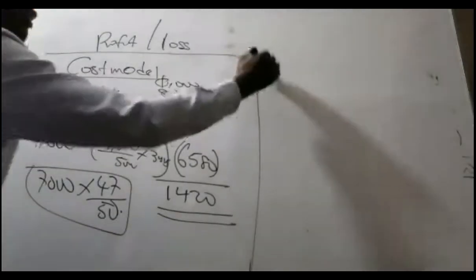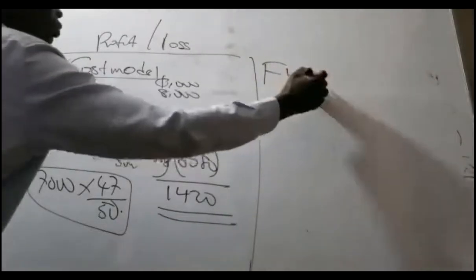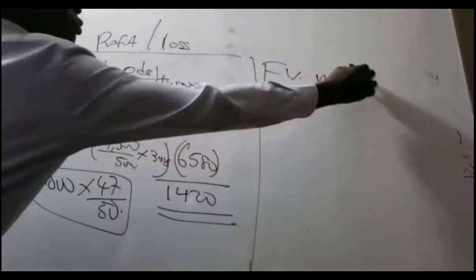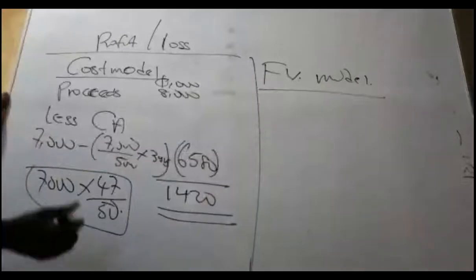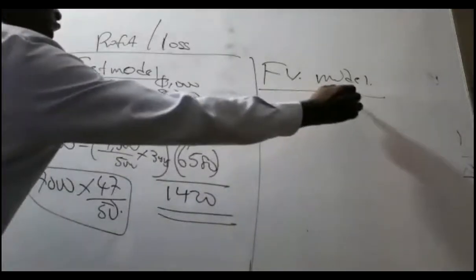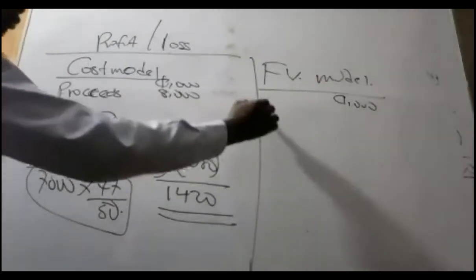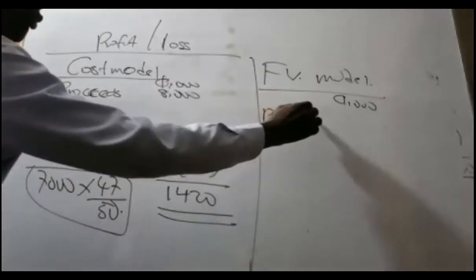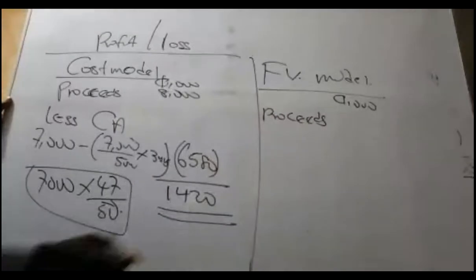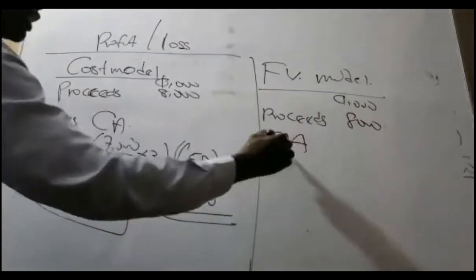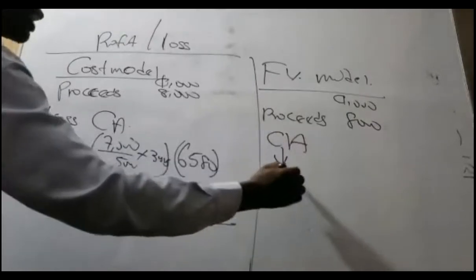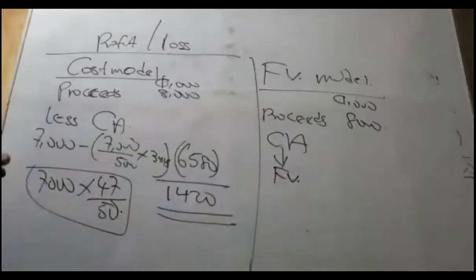Under the fair value model, the formula still does not change. So the proceeds, what is the proceeds? Still 8,000. Now the carrying amount over here is the same as the fair value at the date of disposal.